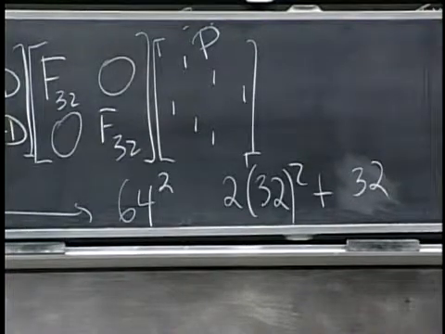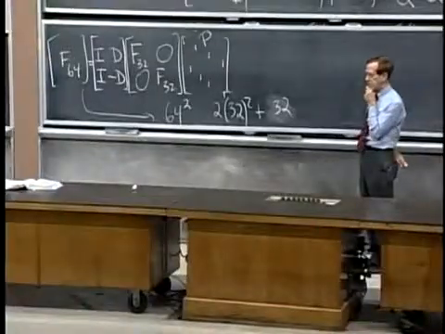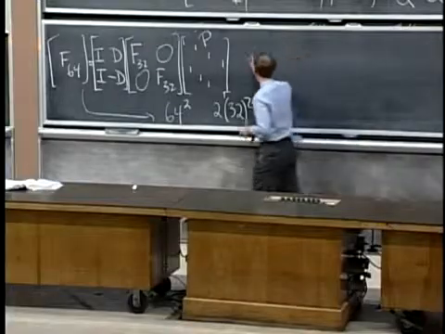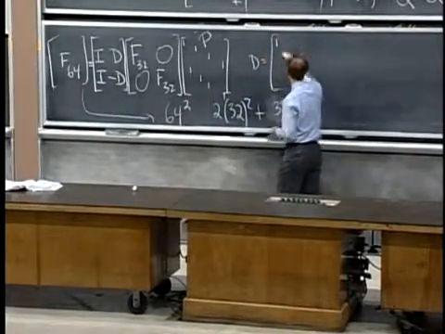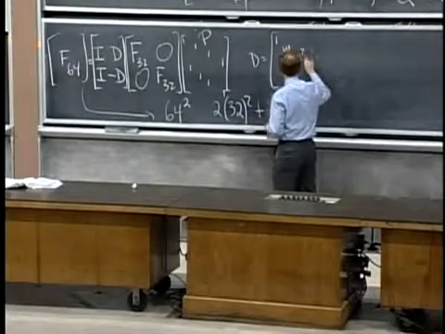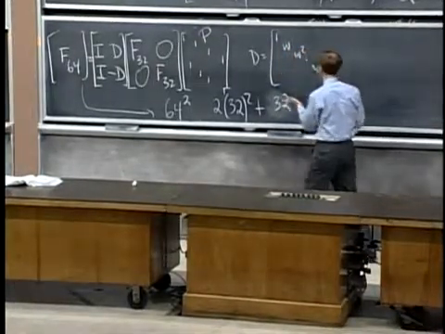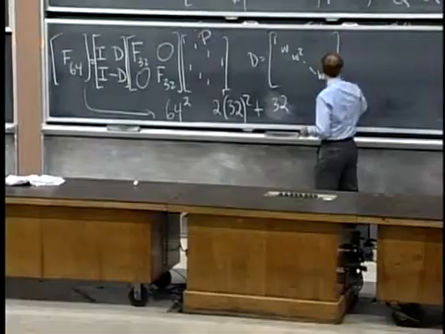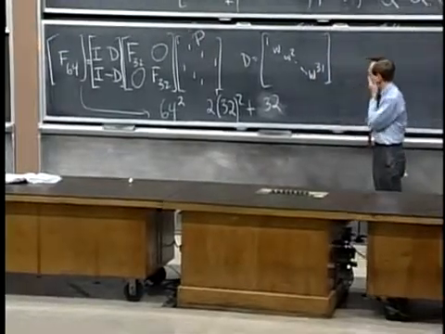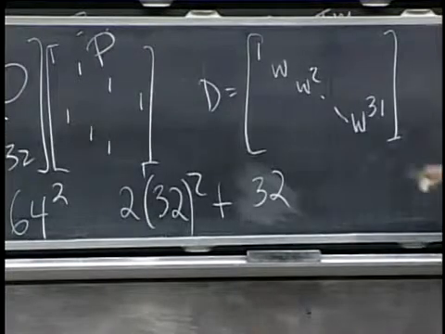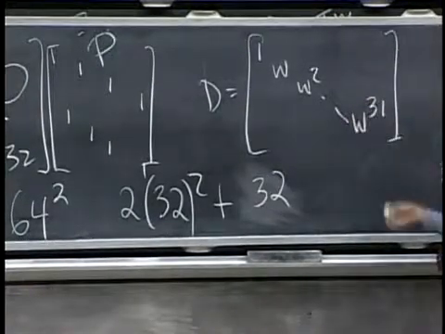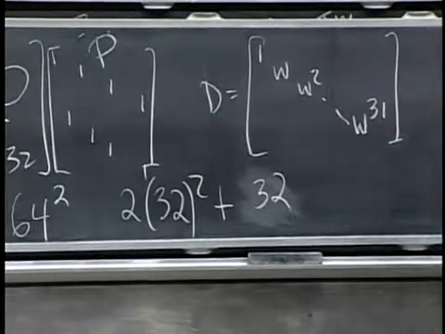We didn't check the formula, or even say what D is yet, but I will. This diagonal matrix D is powers of W: 1, W, W squared, down to W to the 31st. So you see that to do a multiplication by D, I need to do 32 multiplications.